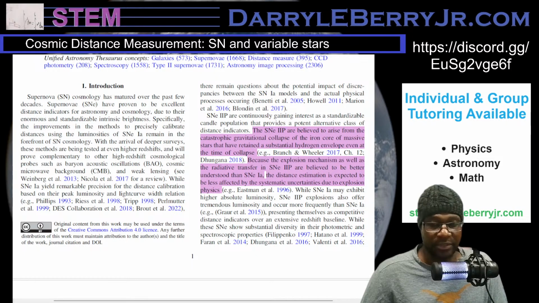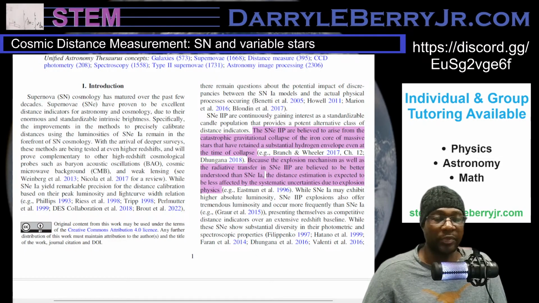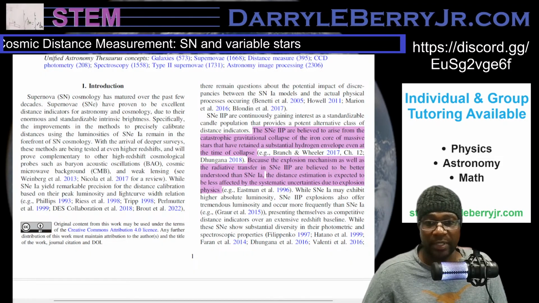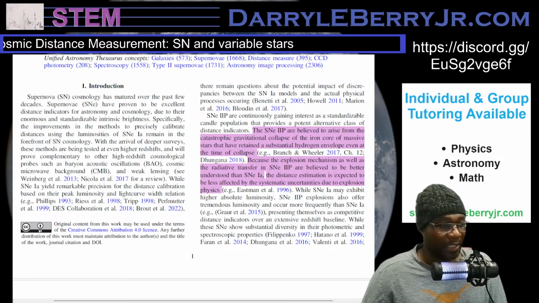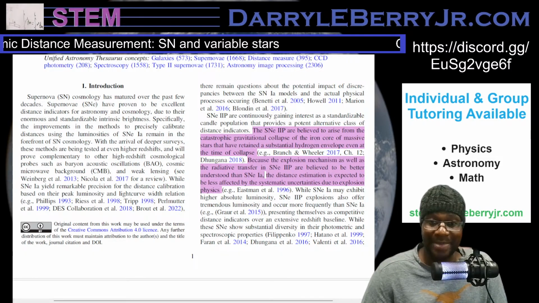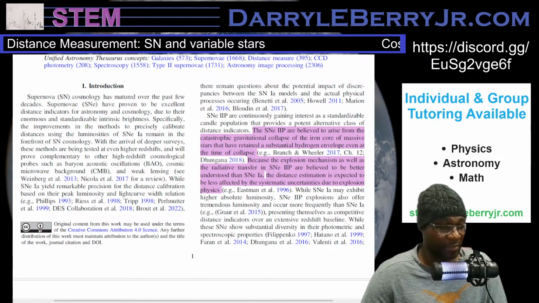For instance, a star with heavier matter in it might explode at a lower mass, perhaps because it's already so dense. That will change the light curve, because the mass will be different and the matter is different, so the light curve will be different. So these are some of the systematic uncertainties due to type 1As that he's speaking of.